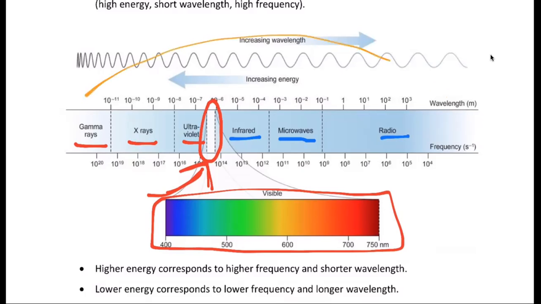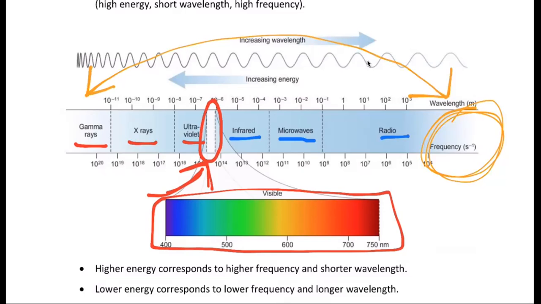They could flip it to where the gamma rays were over here on the right and the radio waves were on the left. They could flip it, kind of mirror image. So you want to make sure that you are not relying on remembering if something's on the left or the right. You want to make sure that you know the order of them and which types of the radiation have the high energy or the low energy, or the shorter or longer wavelengths, etc.